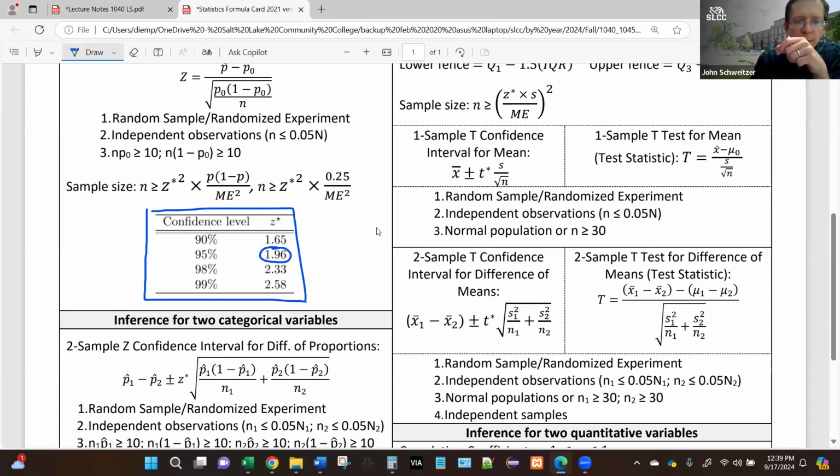If you want to be 99% confident, you dial it up to about 2.58 standard deviations. If you want to be 90% confident, you dial it down to 1.65 standard deviations, etc. We like that little dial, the critical z-score, because we can customize the confidence interval any way we like. We can make it larger, we can make it smaller, and we like that.